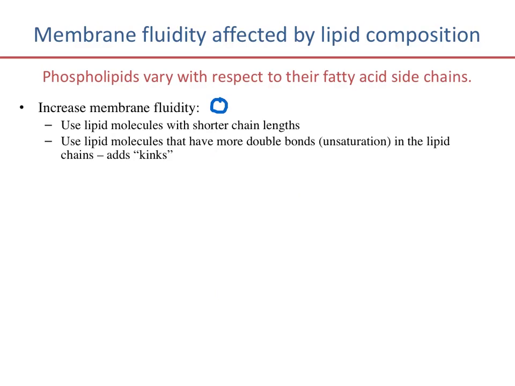So here you have a diagram of a lipid molecule with shorter chain lengths, and here is a diagram of one with longer chains. And it's the shorter one that makes the membrane more fluid.